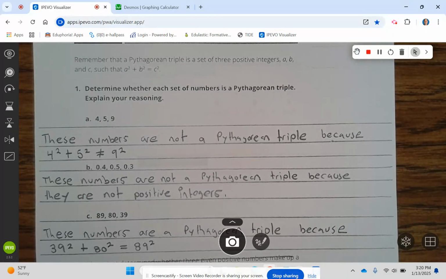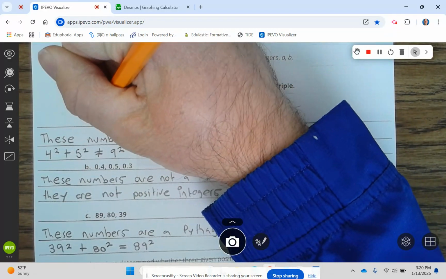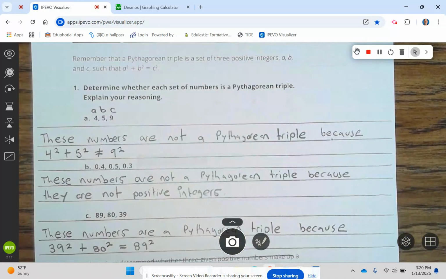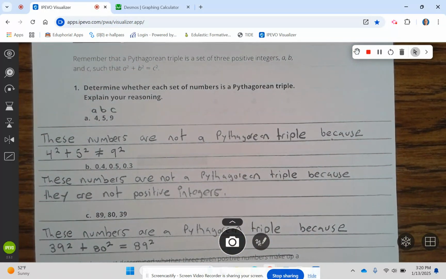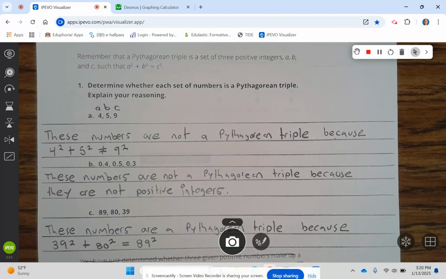1. Determine whether each set of numbers is a Pythagorean triple. Explain your reasoning. Well, this is a, this is b, and this is c. These numbers are not a Pythagorean triple because 4 squared plus 5 squared does not equal 9 squared. All right, let's take a look at b. These numbers are not a Pythagorean triple because they are not positive integers.